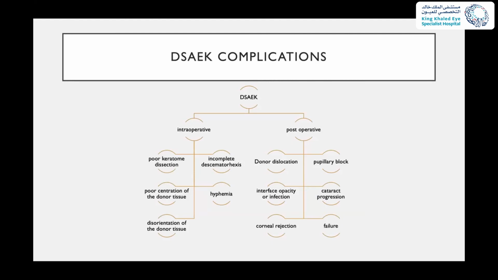Dislocation of the donor graft occurs primarily within the first 24 hours. And a major contributing factor to the dislocation is hypotony, where the IOP is less than 5. Or we can say also any fluctuation in the IOP in the immediate post-operative period will contribute to the dislocation as well.